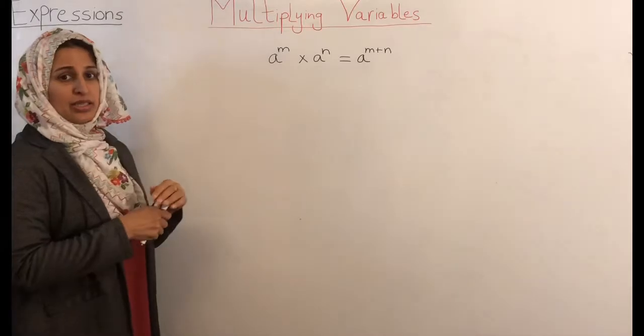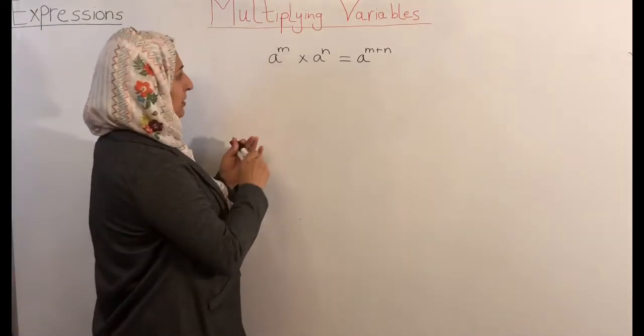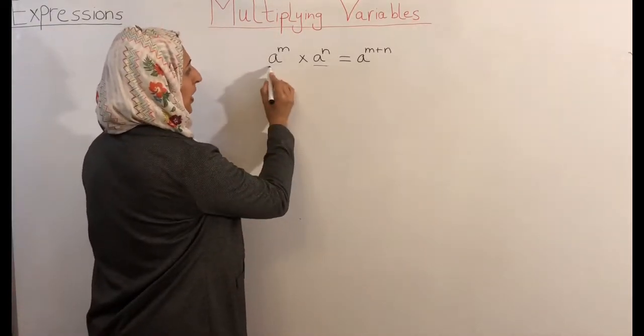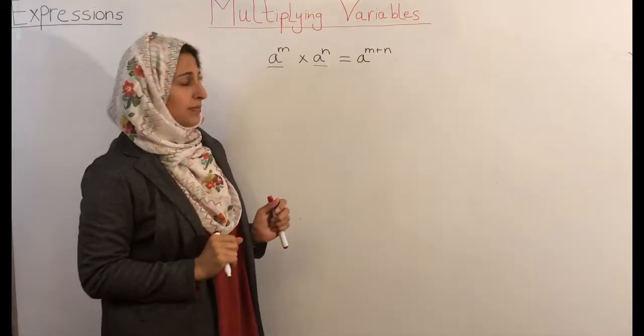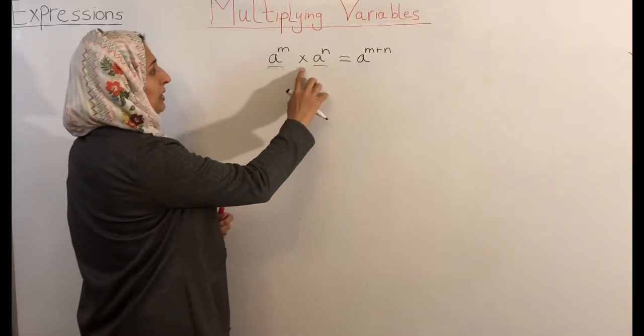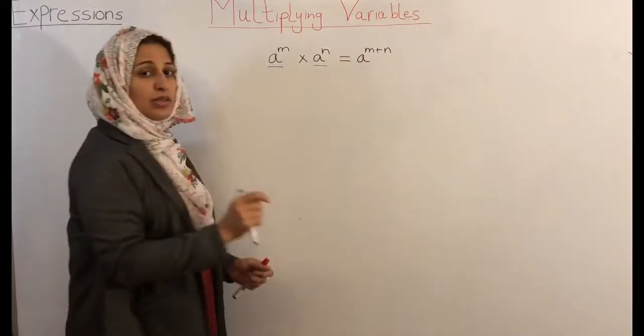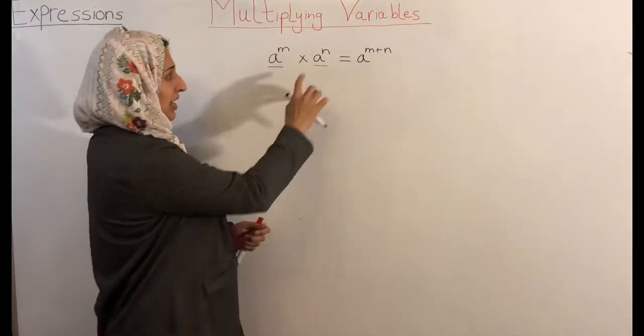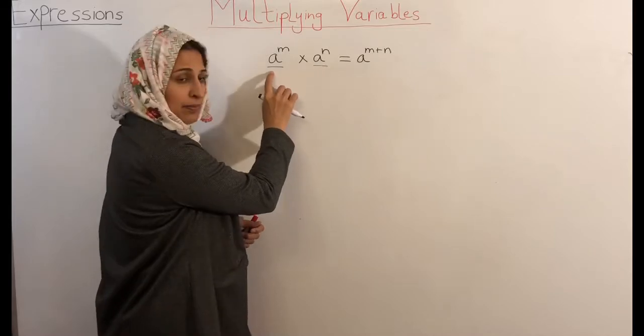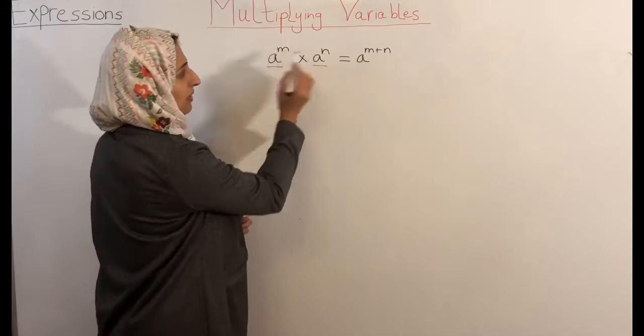The powers work with variables in the same way they work with numbers. When you are multiplying variables with different powers, the magic rule is: if the base is the same, you add their powers.